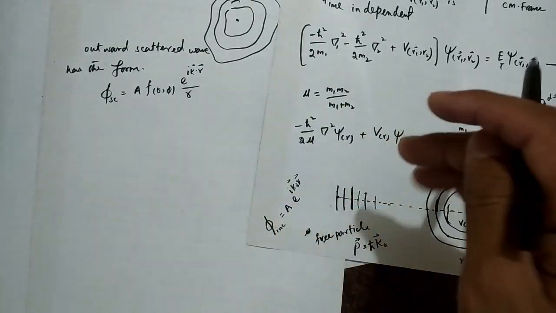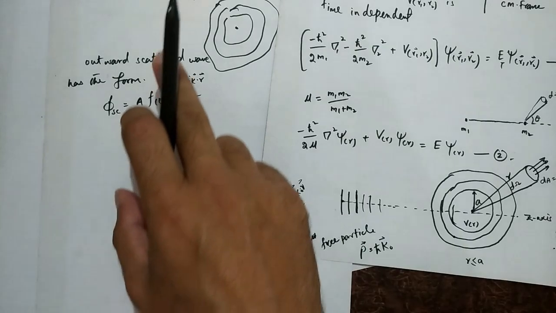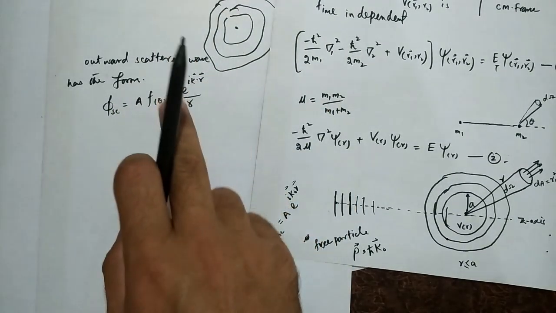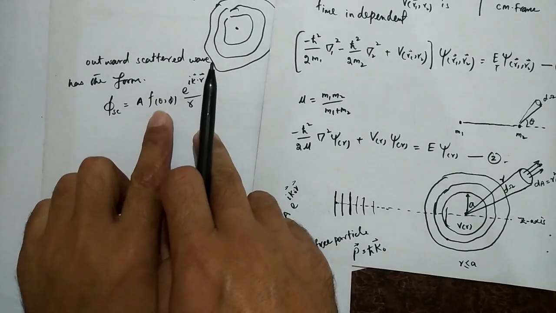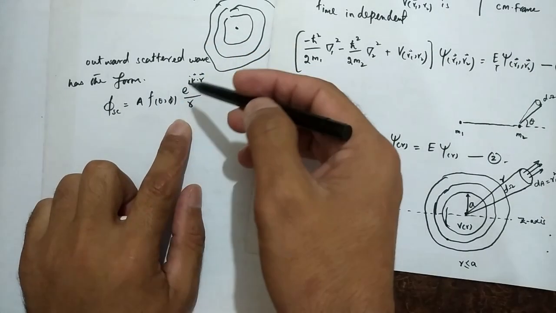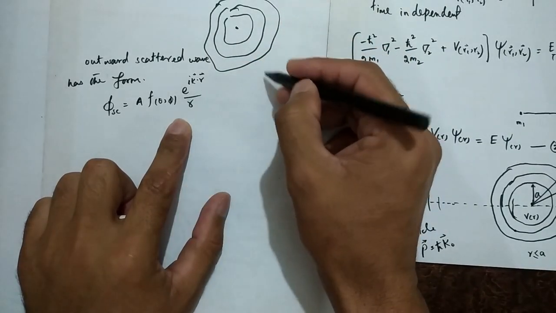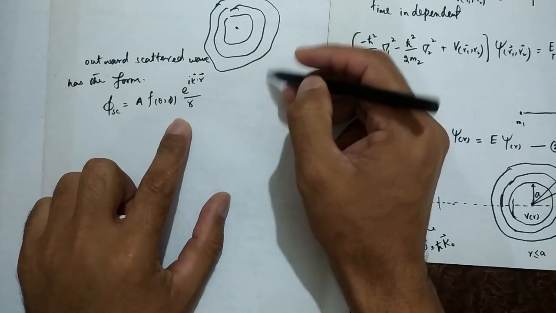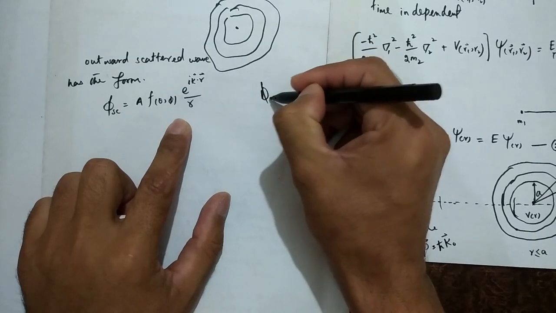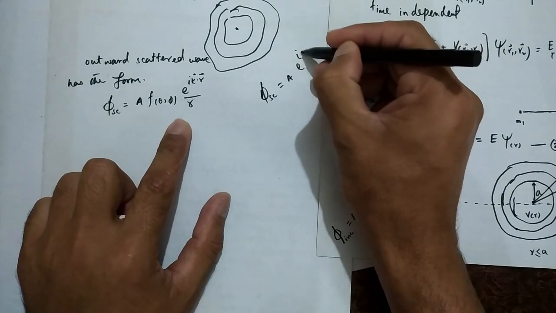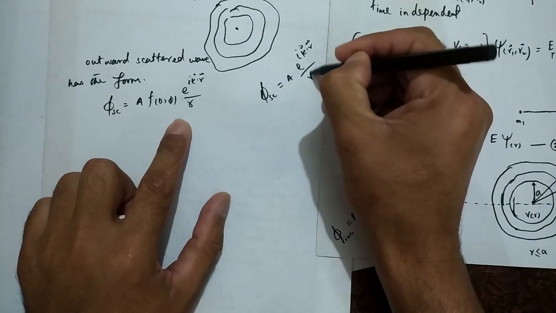So we say that if the scattering is isotropic, in that case the outward scattered wave will be of the form e power i k dot r divided by r.